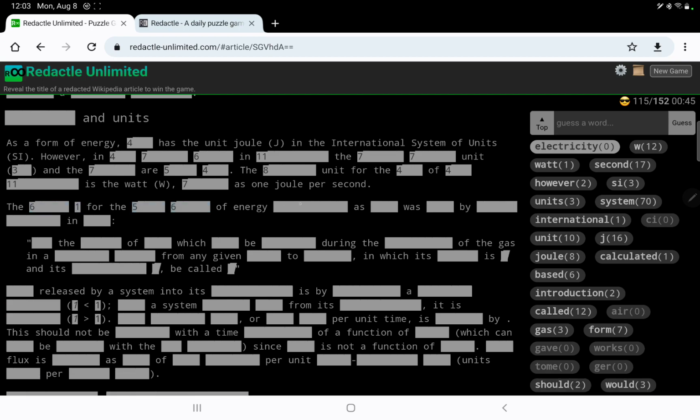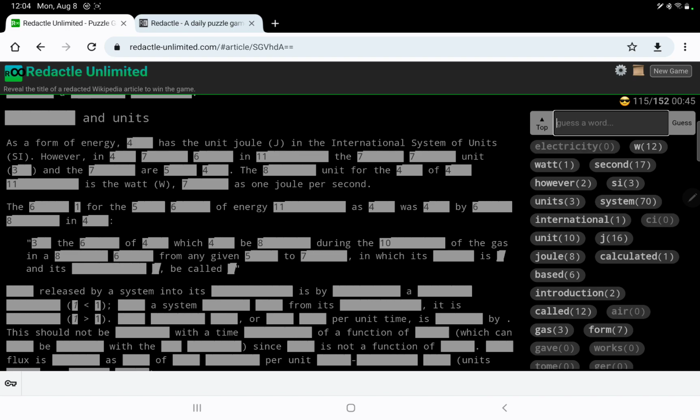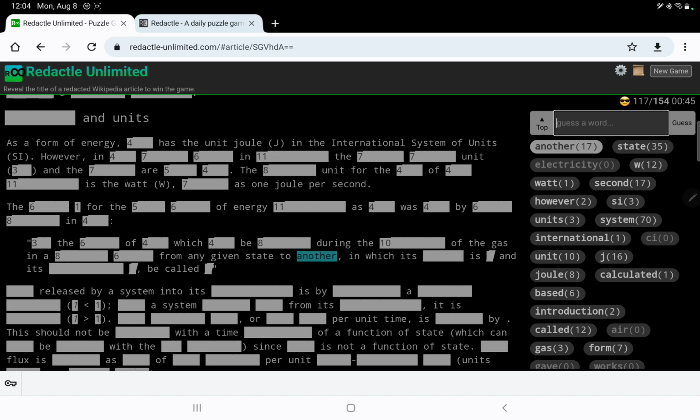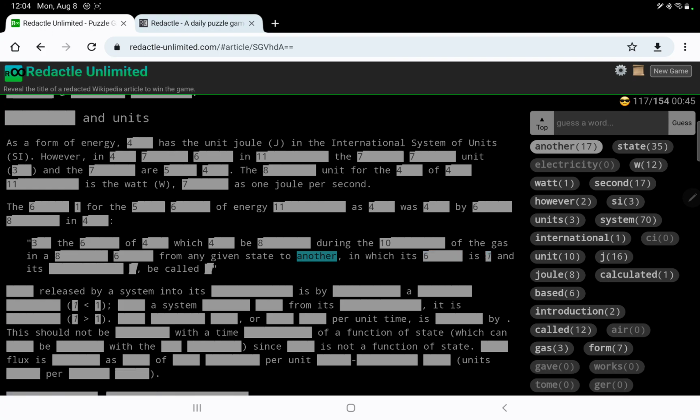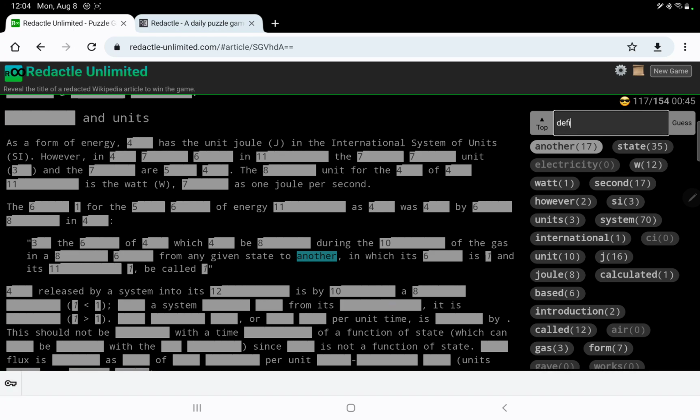The 6.1 for the 5.6 of energy 11 as 4 was 4 by 6.8 in 3 the 6 of 4, which something be 8 during the 10 of the gas, okay, from any given point, from any given state to another, in which it's something is that, and it's something, we call this is by definition.